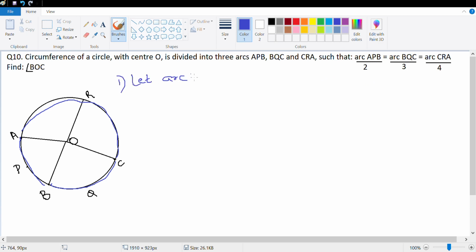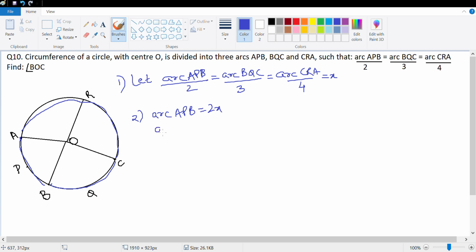arc APB upon 2 is equal to arc BQC upon 3 is equal to arc CRA upon 4 is equal to, let's say, a constant x, which we've been using the x method forever, which means arc APB is equal to 2x, arc BQC is equal to 3x, and arc CRA is equal to 4x.